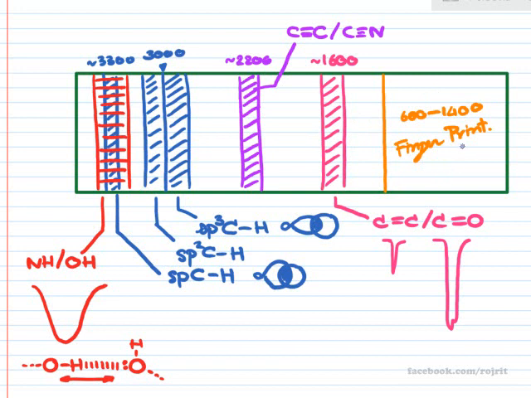You have CC bond, which is a single bond, the alkane thing in almost every organic molecule. And you also have alcohol, amine, C single bond N, C single bond O. So all of these things mix together here, and it's very hard to distinguish between each particular chemical bond. So we call them the fingerprint region.